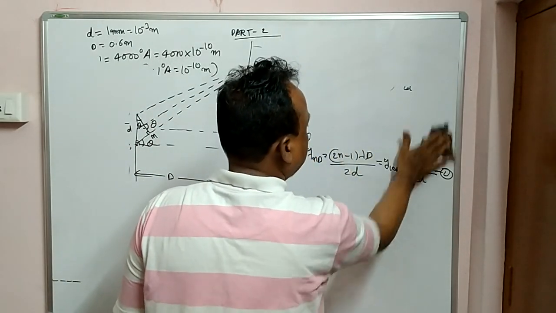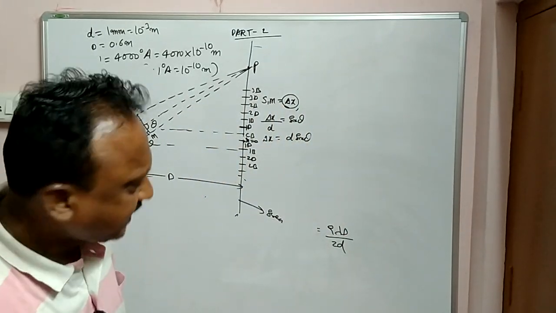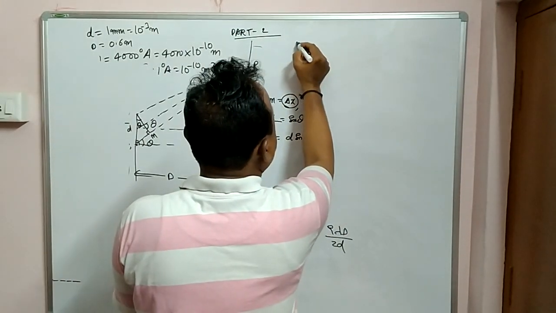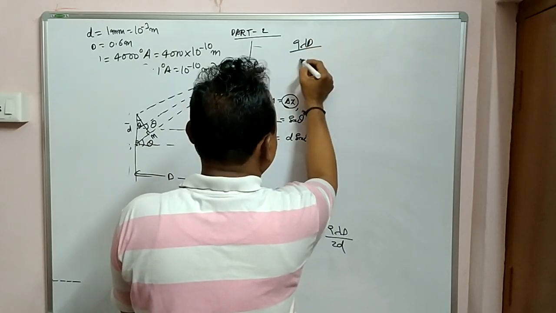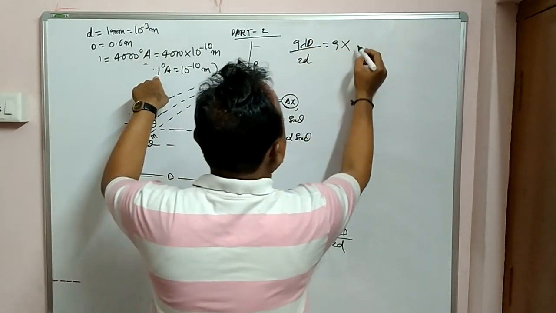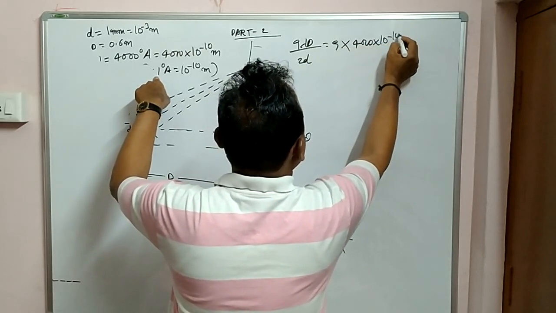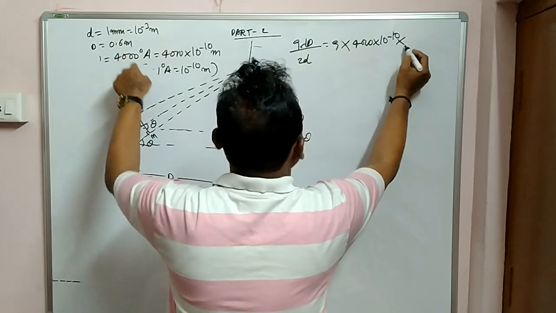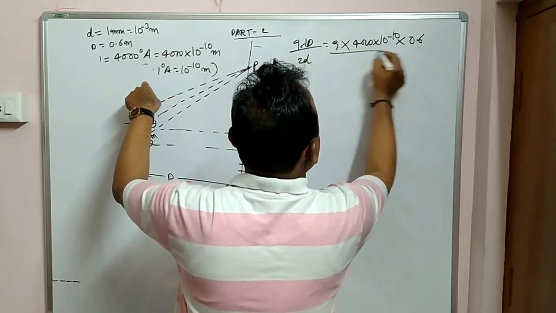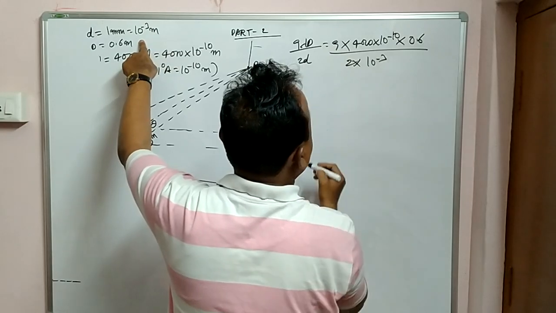See here, the values are given. What is the separation? 9 lambda D by 2d, so 9 into lambda, what is the wavelength given? 4000 into 10 power minus 10 meters into D. All I am putting in MKS, D by 2 into small d, 10 power minus 3.